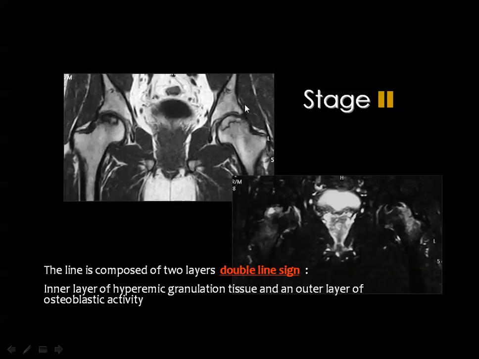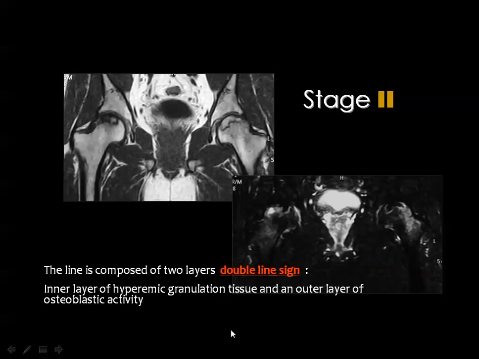This low signal line will separate the dead bone from the viable bone. And according to the MR appearance or the MR signal of the dead bone, the classification will go on.